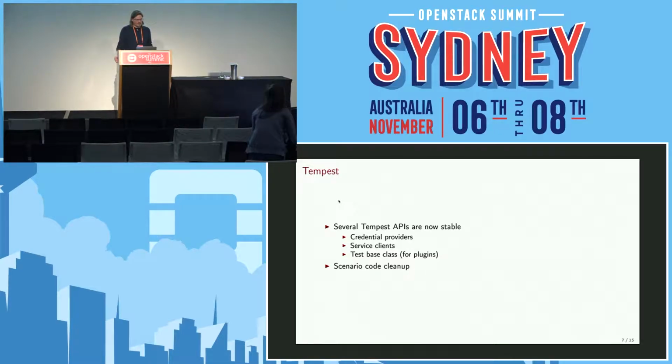Also, we finished the work of migrating service clients, so the Swift service client, which was not marked as stable yet, is now. And the test base class, which is already used by most Tempest plugins I know of, is now marked as a stable API, so you can use that safely. It won't change on you.